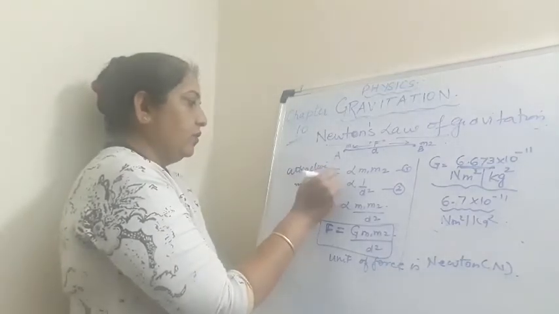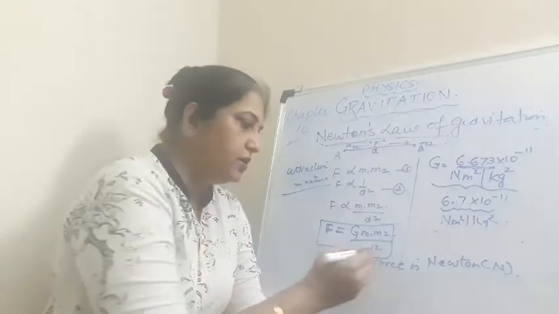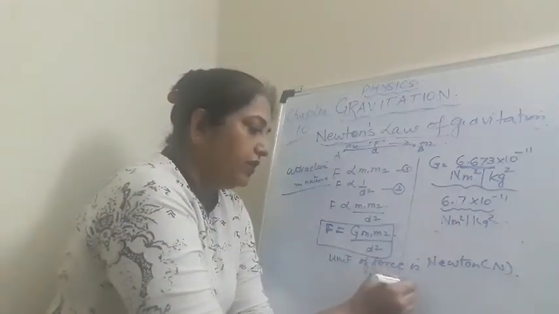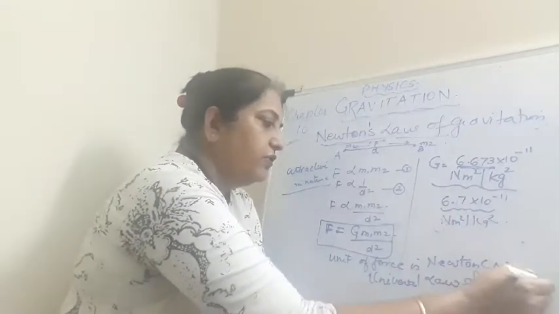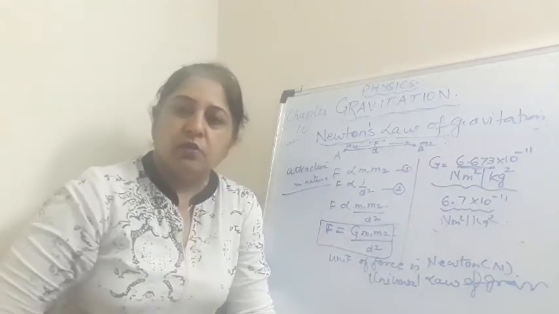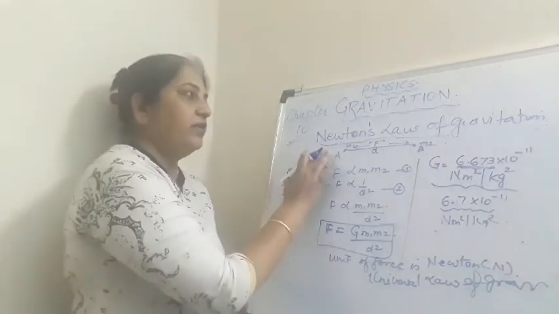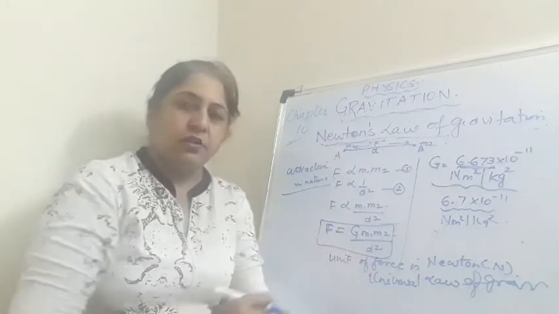Now this Newton's law of gravitation is also called the universal law of gravitation. If you are asked to define a universal law, you will write the same law. Why do we say that Newton's law of gravitation is also called the universal law of gravitation?